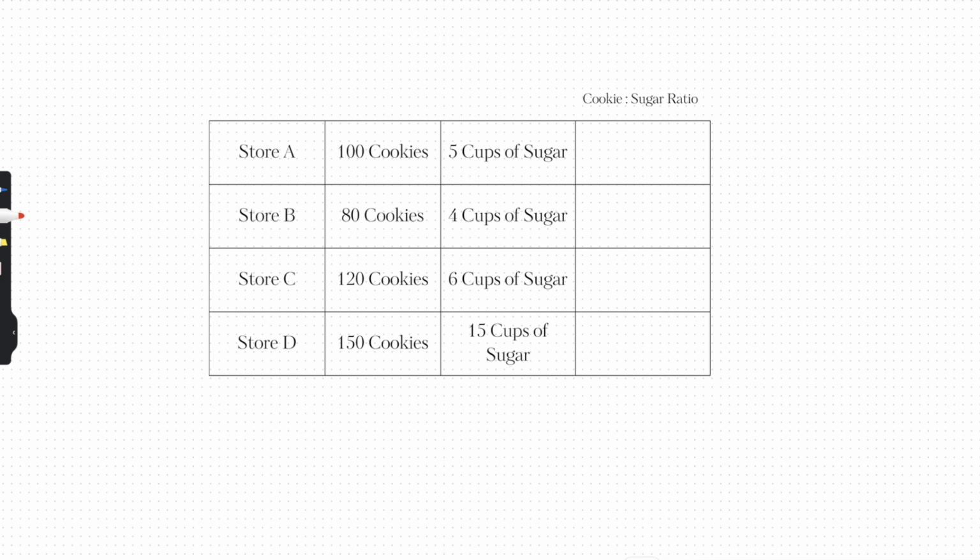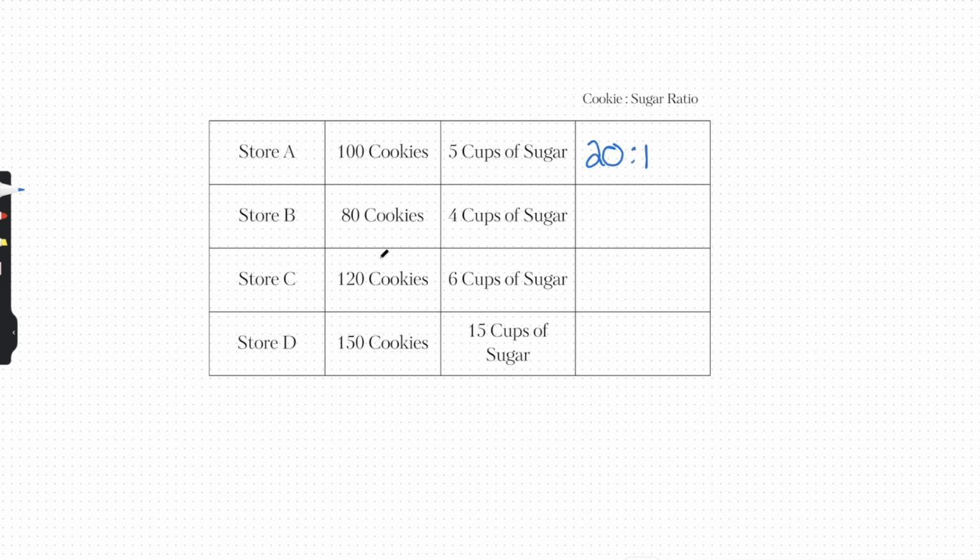In order to do that, we need to come up with the cookie to sugar ratio. Basically, I'm going to divide this first column by the second column. So 100 divided by 5 gives us a ratio of, for every 20 cookies, we need 1 cup of sugar.